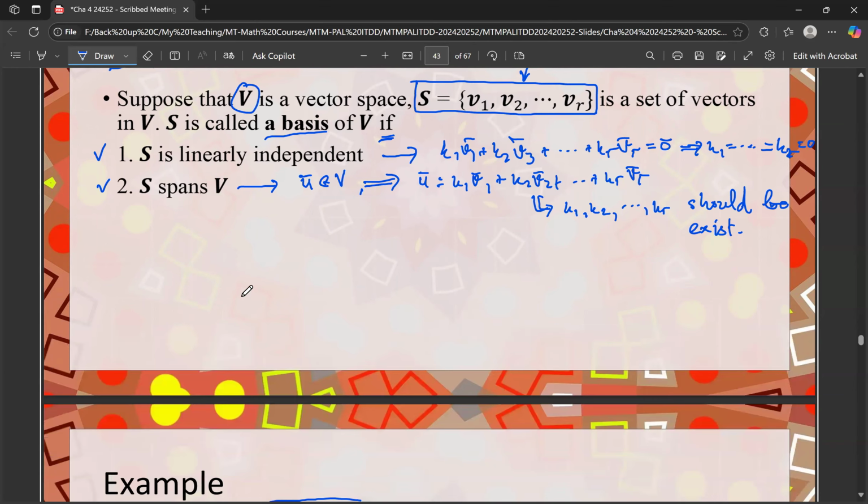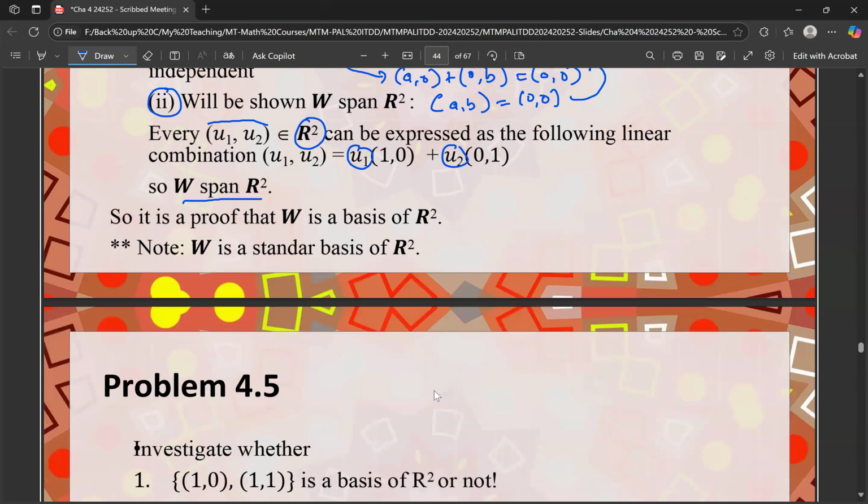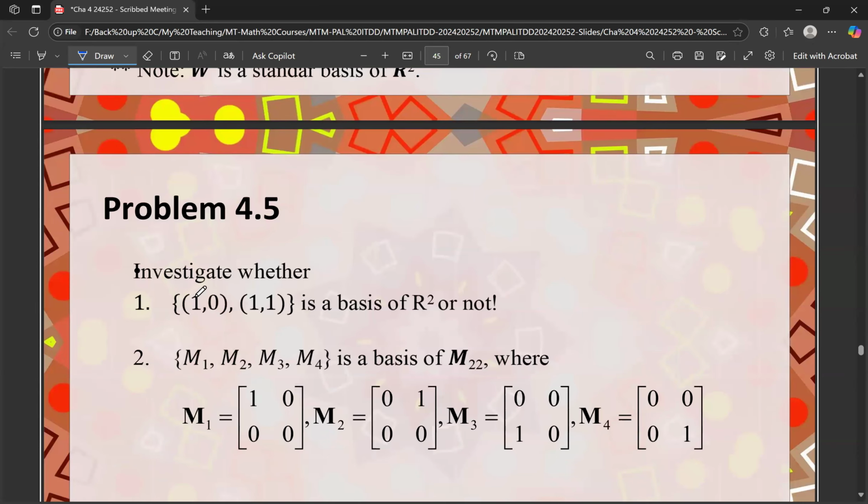So the answer is no. It means that we can find another basis in any vector space. Jadi kita bisa temukan basis itu ternyata tidak satu, himpunan basis itu tidak satu di sebuah ruang vektor. Kita bisa dapatkan basis yang lain.